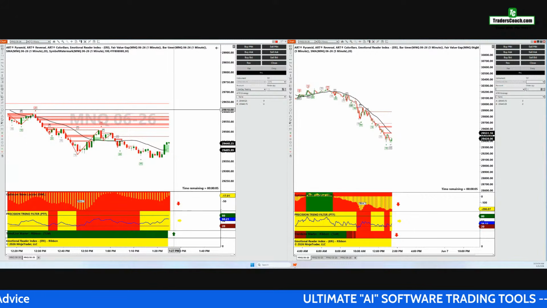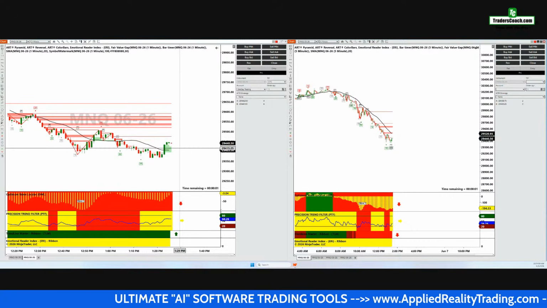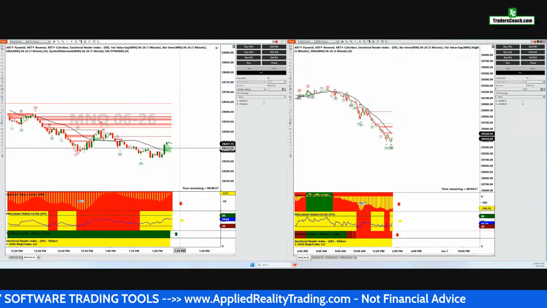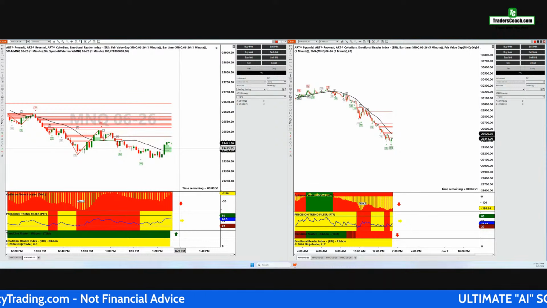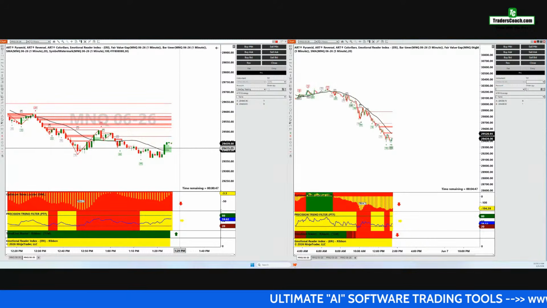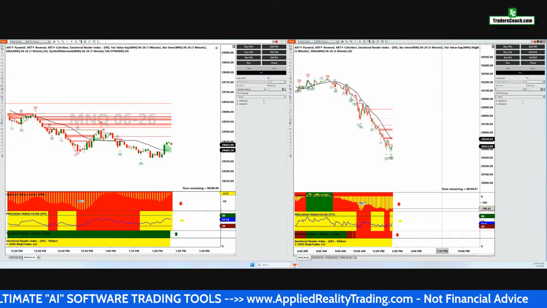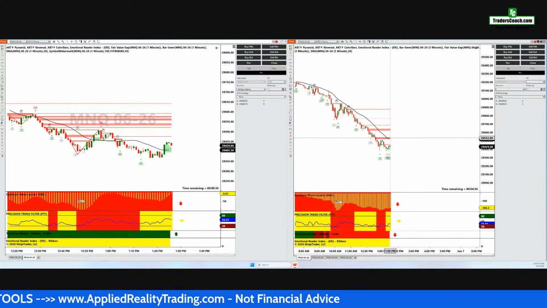All right, so that bullish fair value gap got respected. We did not quite get down to consequent encroachment, which is the 50% mark. We have a fairly significant bearish fair value gap up in this level here.